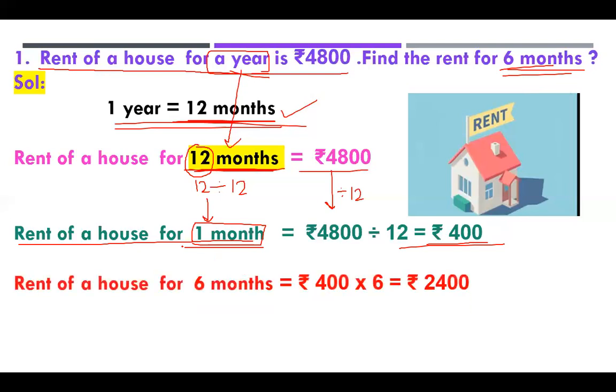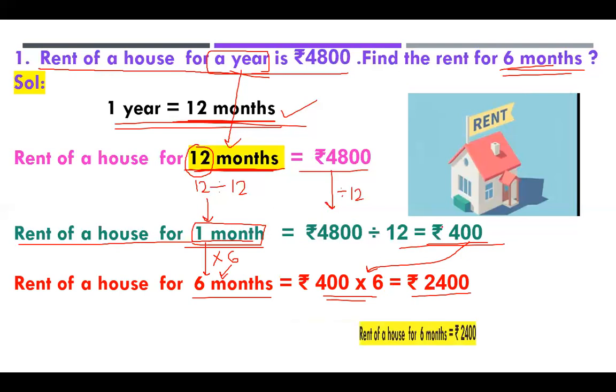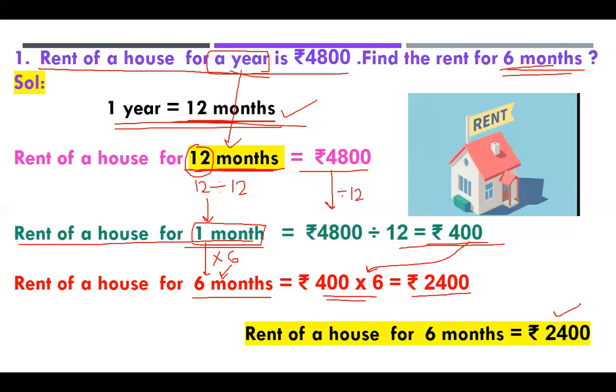So for the rent of a house for 6 months, we multiply 1 by 6 and we get 6 months. In the same way, you have to multiply 400 by 6, and you will get 2400. Whatever you do on the left side, you have to do the same on the right-hand side. So the rent of the house for 6 months is rupees 2400.